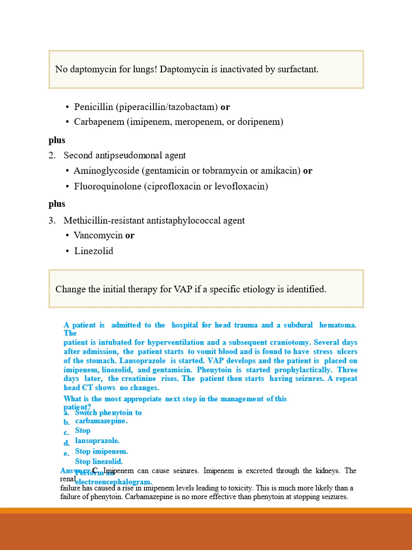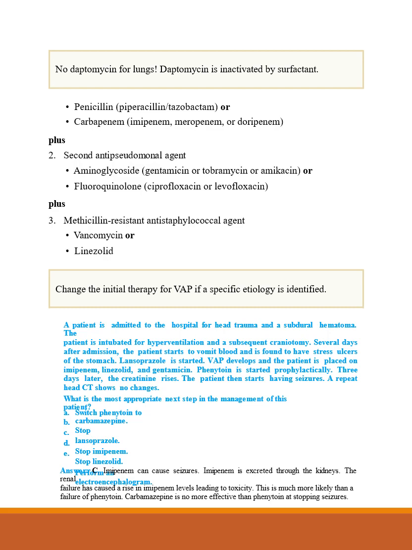And here we have a clinical vignette to discuss, which states that the patient is admitted to the hospital with head trauma and subdural hematoma. Patient is intubated for hyperventilation and possible craniotomy. Several days after the admission, the patient started to vomit blood and was found to have stress ulcers of the stomach.